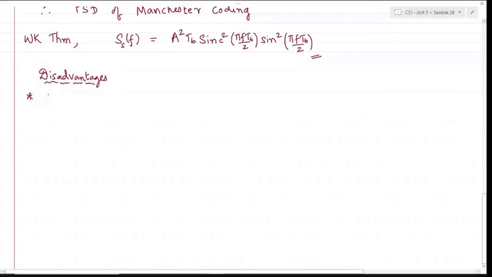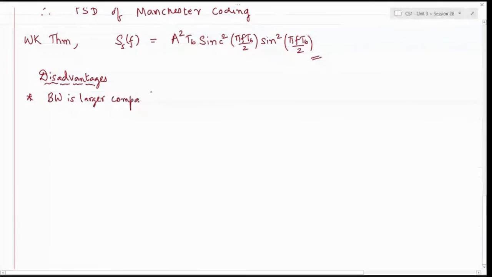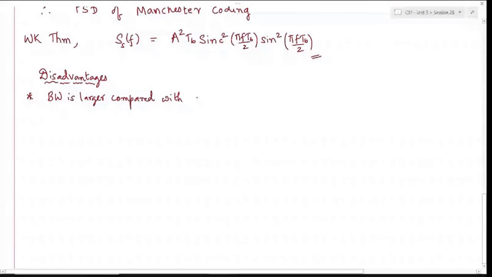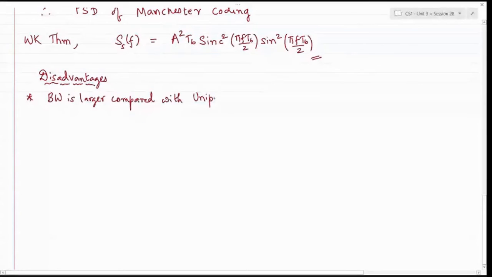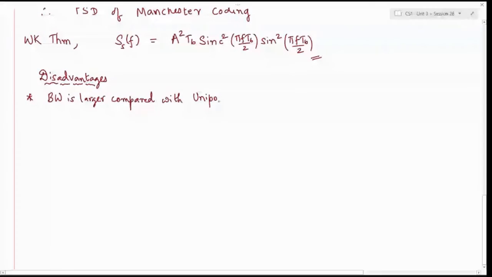Bandwidth is larger compared with the other two codes that we studied, unipolar or bipolar or simply polar non-return to zero coding scheme.